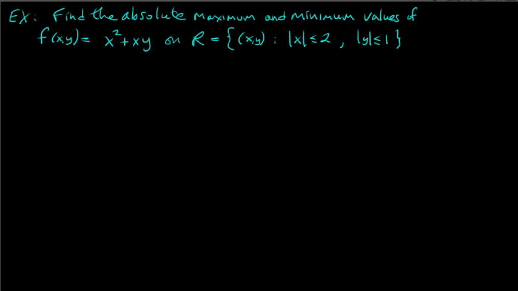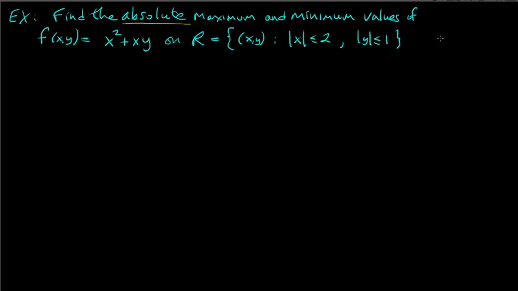Okay, so our next example is a little bit different. Here we want to find the absolute maximum and minimum values of the function f(x,y) = x squared plus xy on this region: the set of points where the absolute value of x is less than or equal to 2, and the absolute value of y is less than or equal to 1.